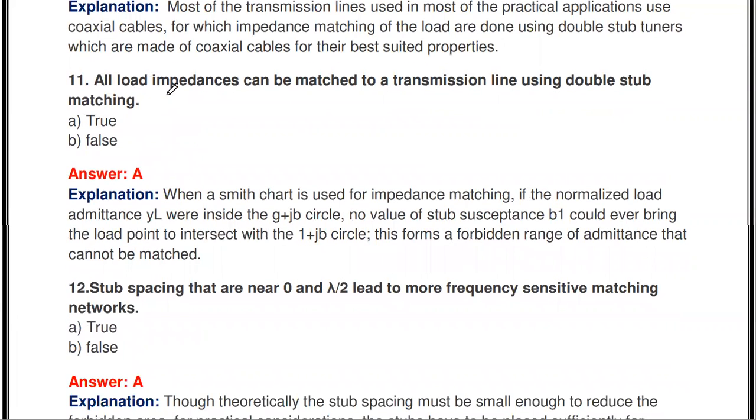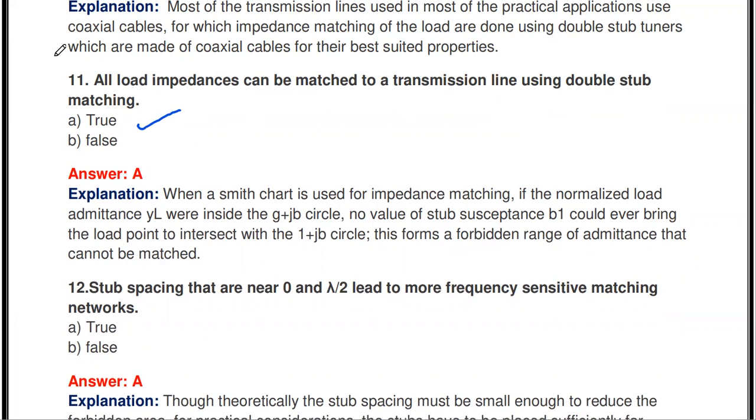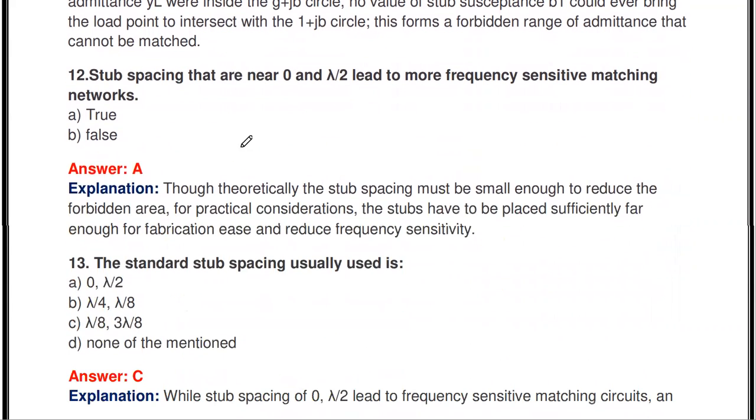Then the next question: all load impedances can be matched to a transmission line using double stub matching. True. Any load impedance can be matched to a transmission line using double stub matching. Then: stub spacings that are near 0 and lambda by 2 lead to more frequency sensitive matching networks.